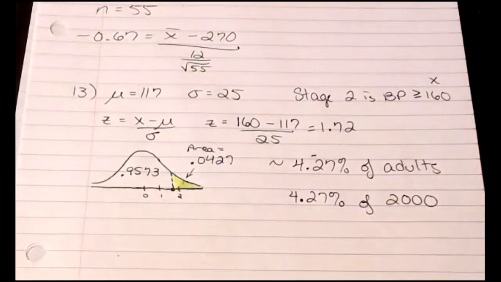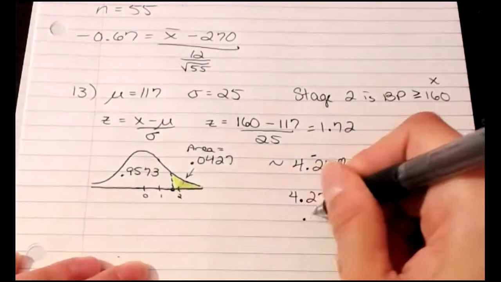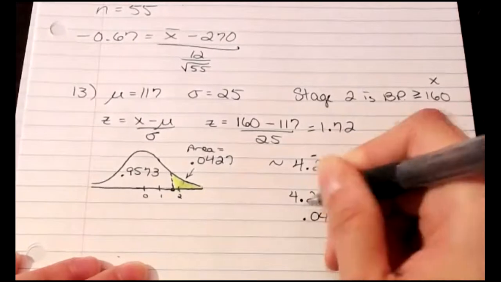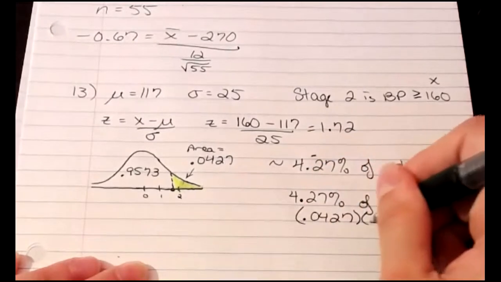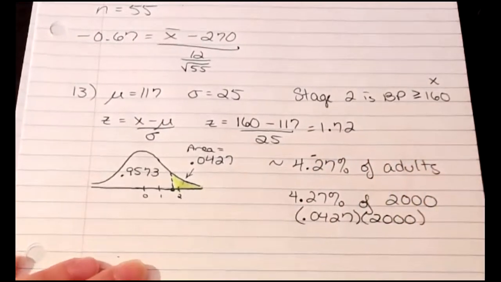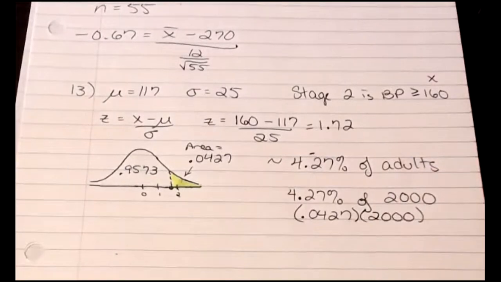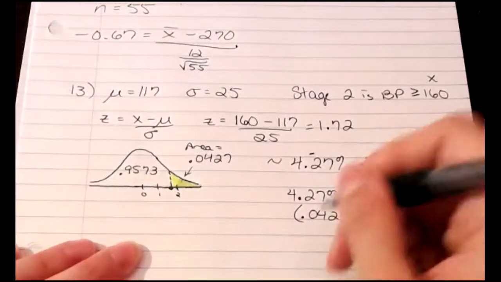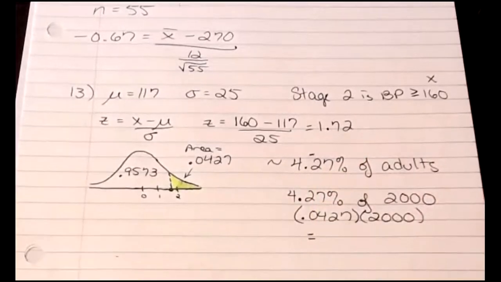Yes, exactly. I'm thinking too far into this. Turn that into a decimal again, and then multiply by 2,000, so that we can figure out roughly how many people would have stage 2 high blood pressure. And what are you getting for your answer? Anyone can throw it in there.